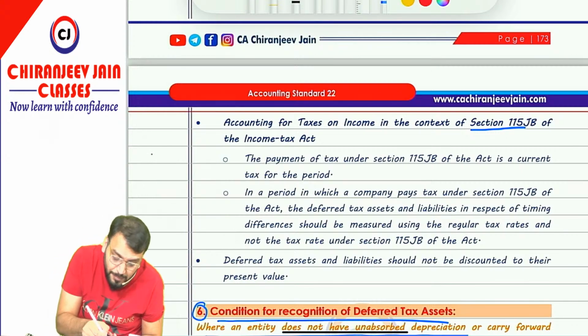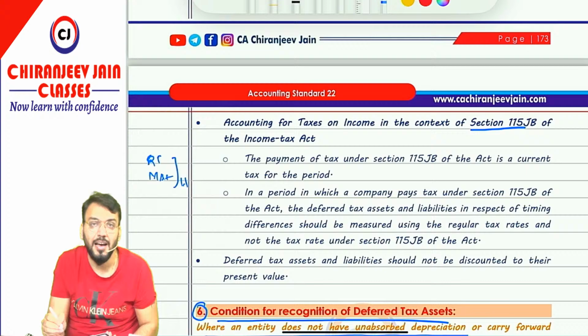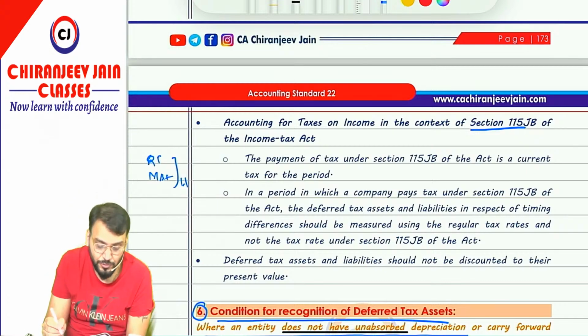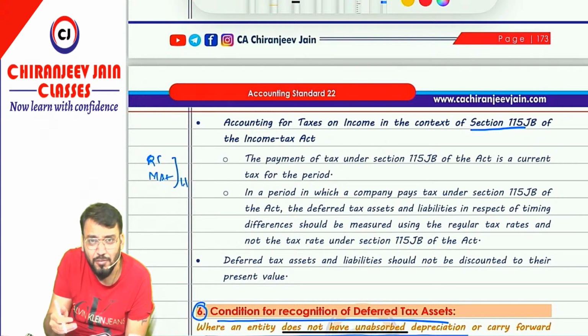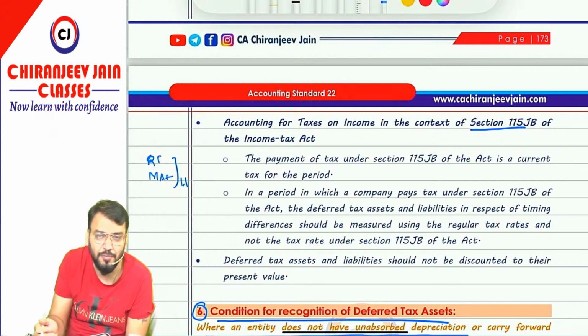Regular tax is the regular tax rate of 30%, and MAT is 18.5% on book profit as per section 115JB.